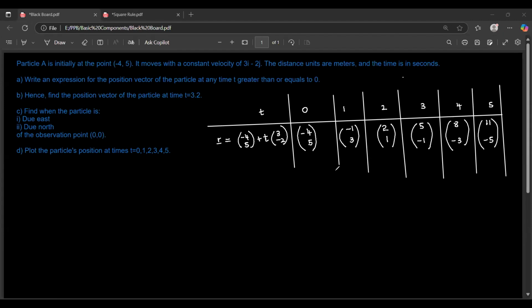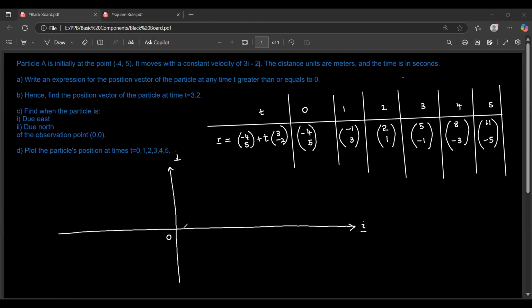These are the particle's positions at times t is equal to 0, 1, 2, 3, 4, and 5. So I can plot this in the graph. It must look like this. I have to start from negative here because we don't have time on the x-axis; we have i on the x-axis and j on the y-axis.